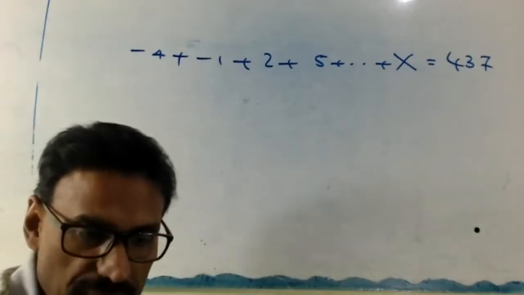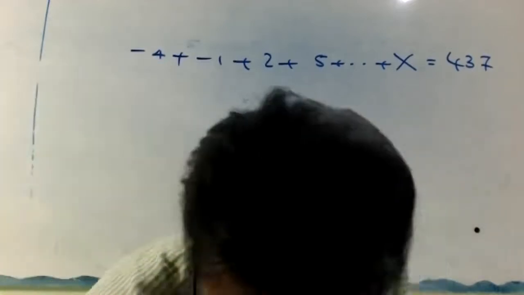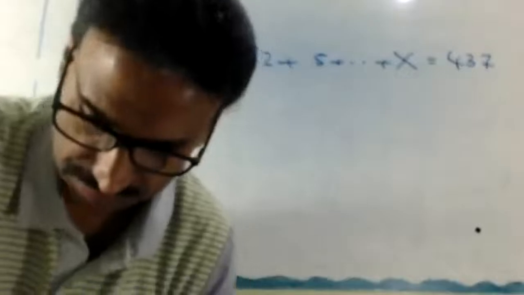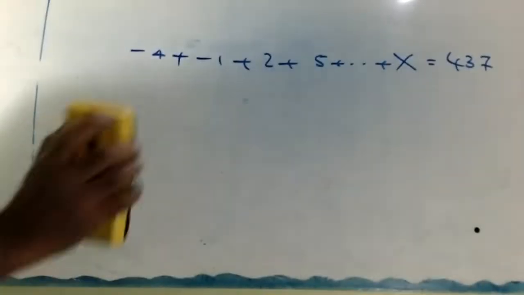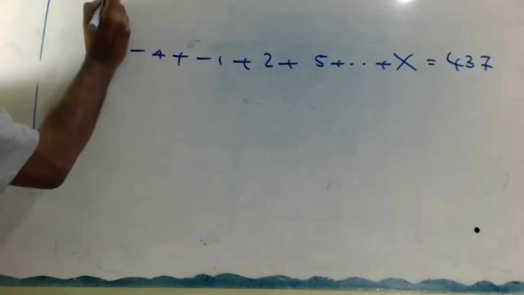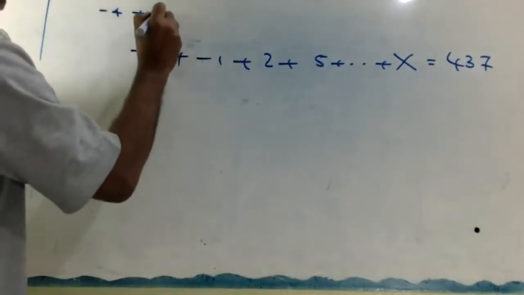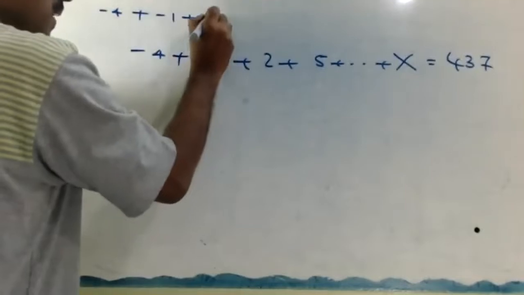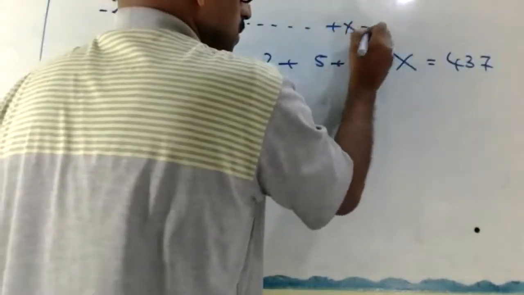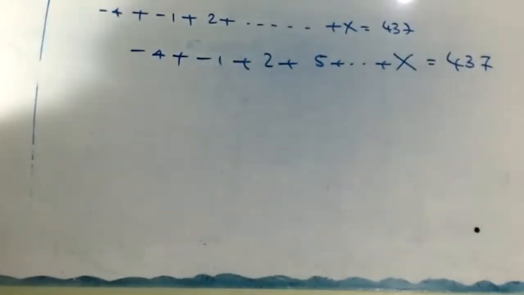Okay, look here now. I don't have the answer right now, let me check. Here, -4 plus -1 plus 2 plus etc. plus x equal to 437. This is a star question.